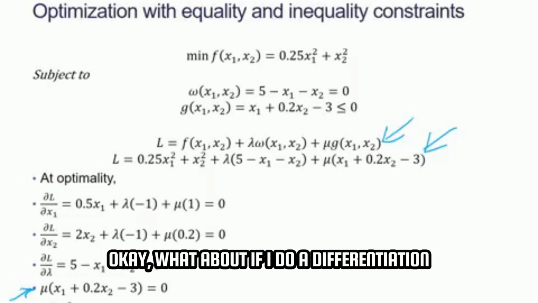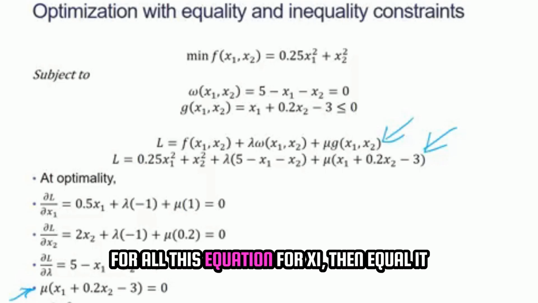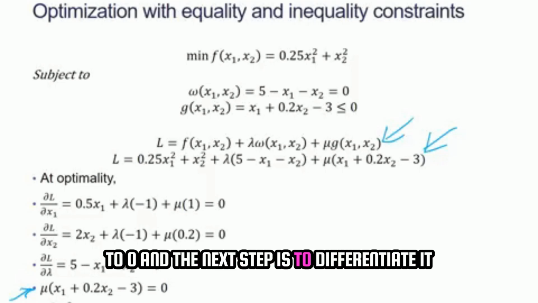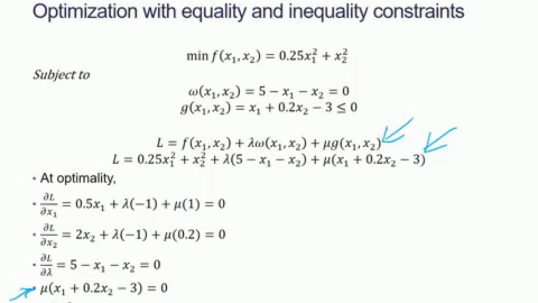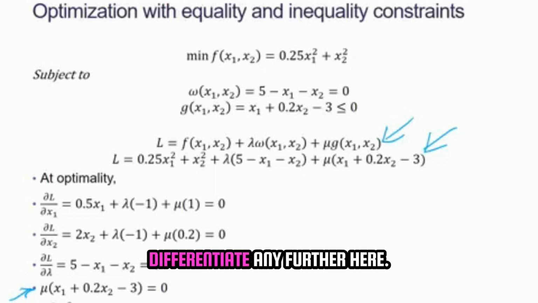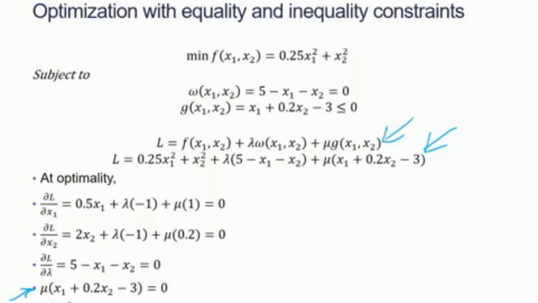What about if I differentiate all these equations with respect to x1 and equal it to 0, and then differentiate with respect to x2 and equal it to 0? No, we cannot actually differentiate any further here.